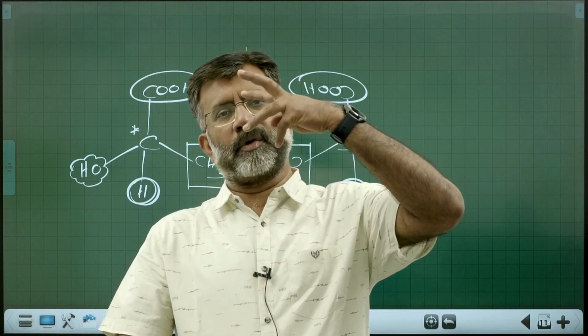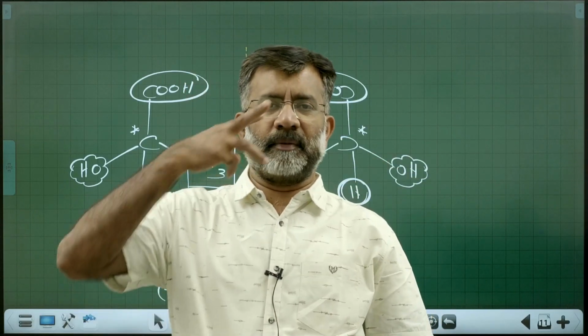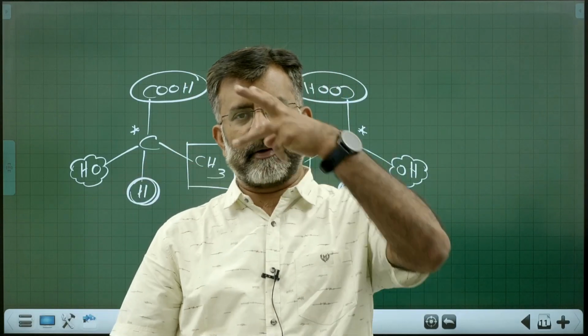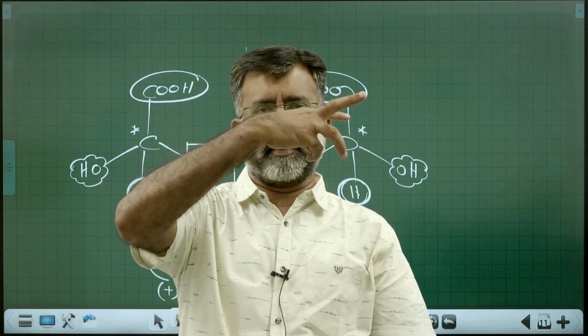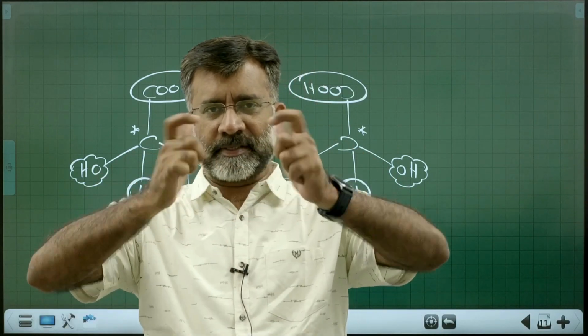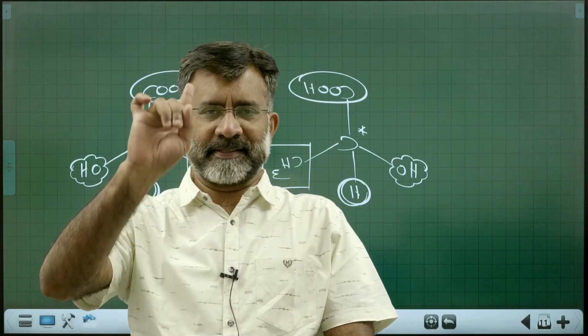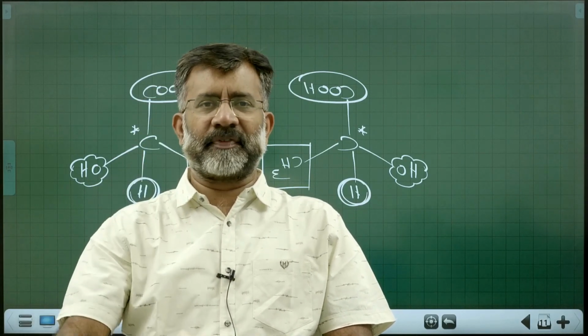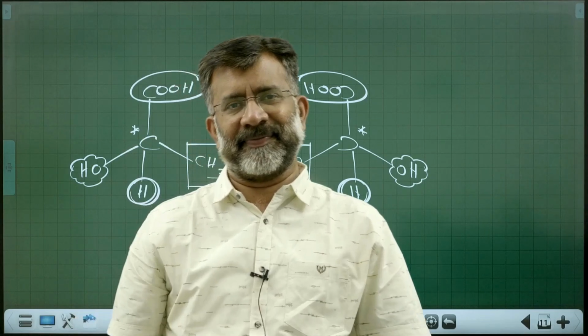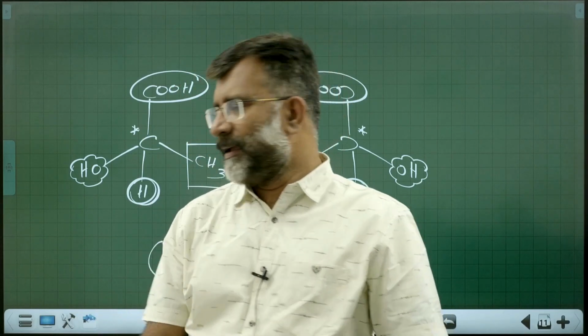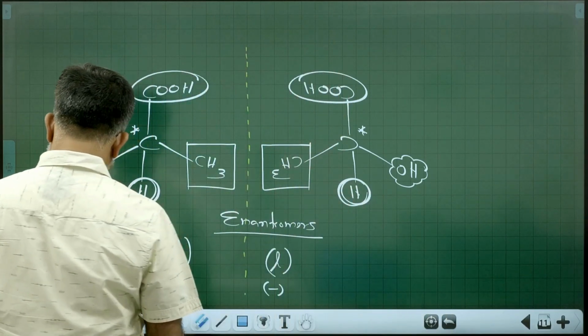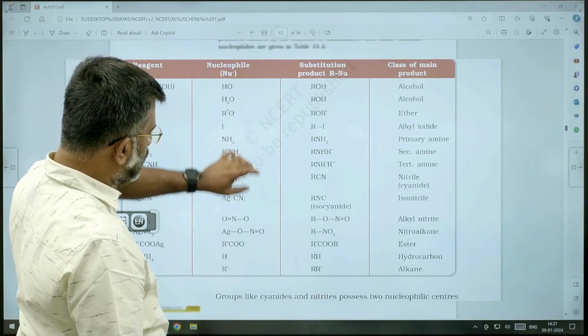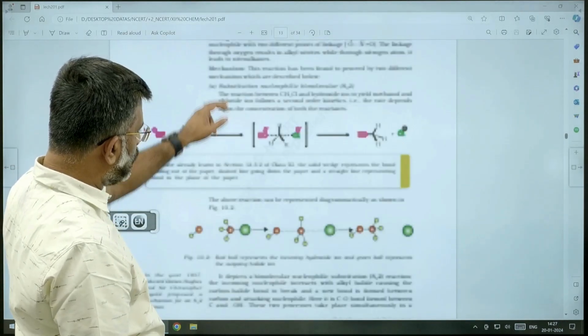If the reactant is configured like this, the product will be configured like this. There is 100% inversion, while in the SN1 mechanism, there is 50-50 inversion and retention. And that's the story regarding SN1 and SN2 mechanisms.